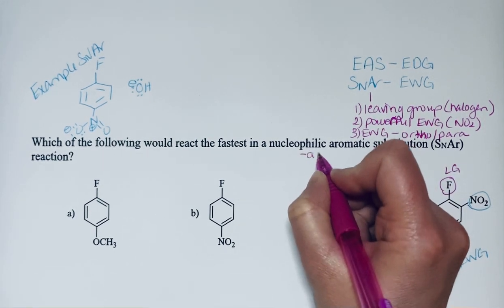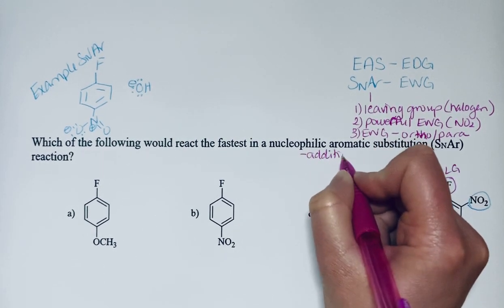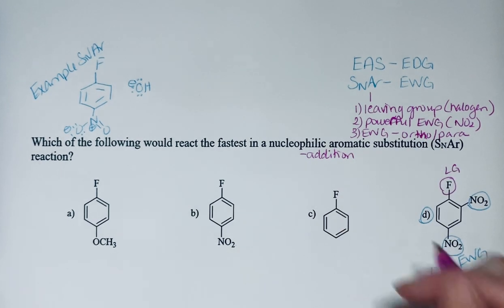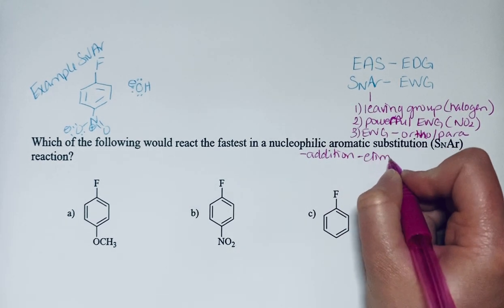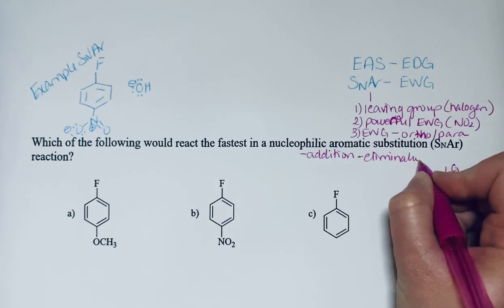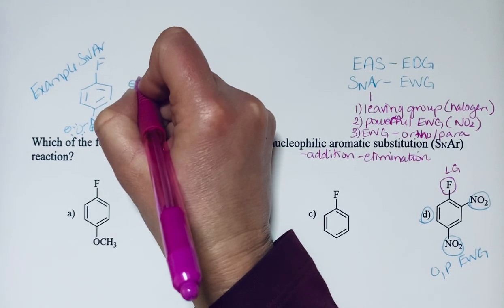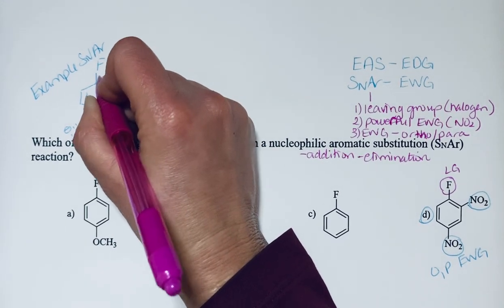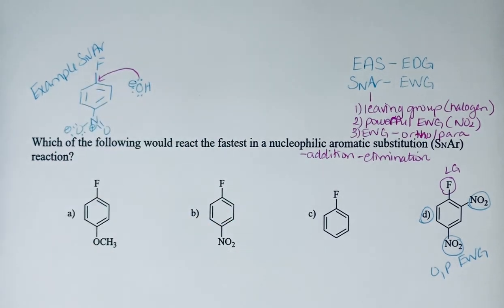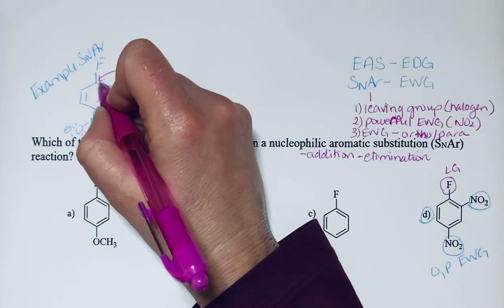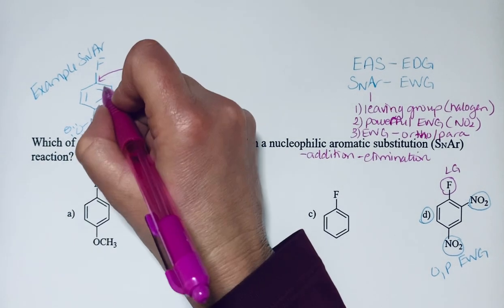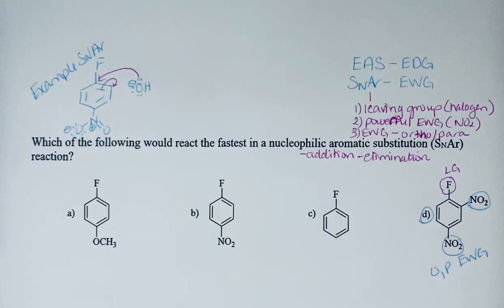You're going to first add to the ring, so you're going to have addition. And then you're going to have elimination to make it back to an aromatic ring. So let me show you what I mean. After this oxygen adds, we can't just break the bond SN2 style. It's because this is an sp2 hybridized carbon atom. What's going to happen is that's going to push electrons onto the ring.